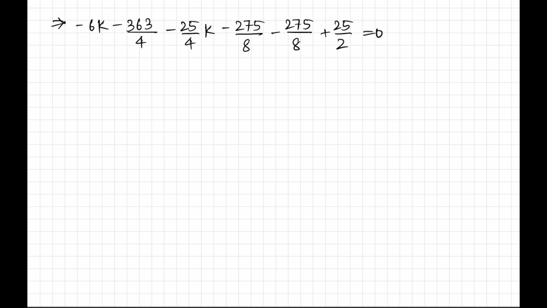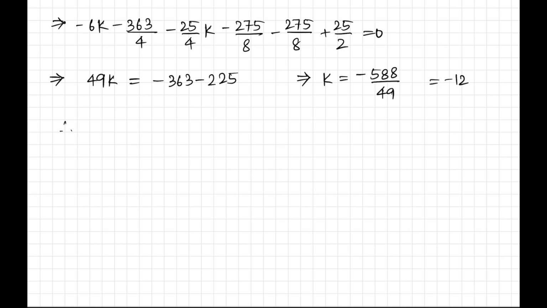So this is the equation that we get. Now if we further simplify, we get 49k is equal to minus 363 minus 225, and this on simplification gives the value of k as minus 588 by 49, and this is equal to minus 12.